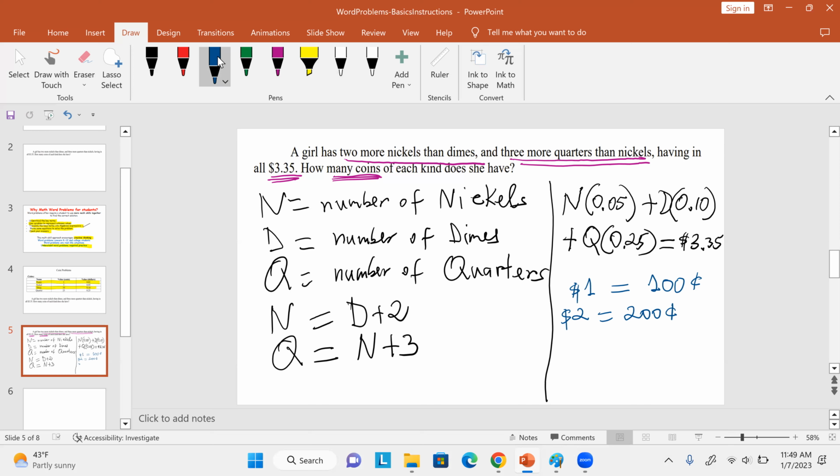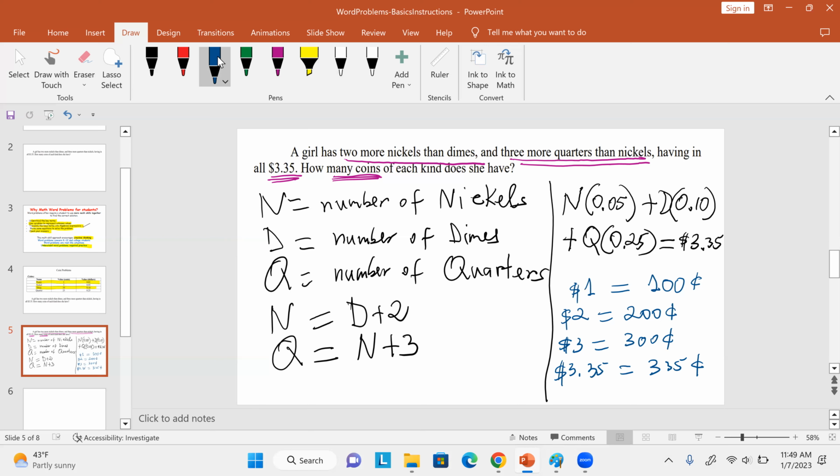And the $3 will be how much? 300 cents. Therefore, $3 and 35 cents will be 335 cents. So instead of using decimal values, we're going to use integers. That will make our calculation easier.